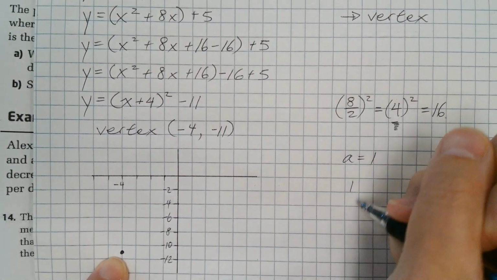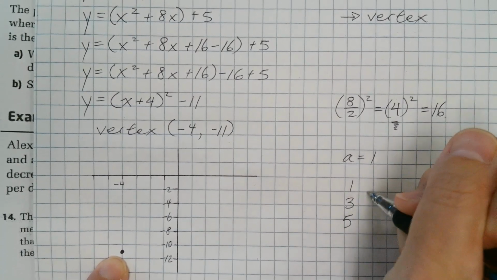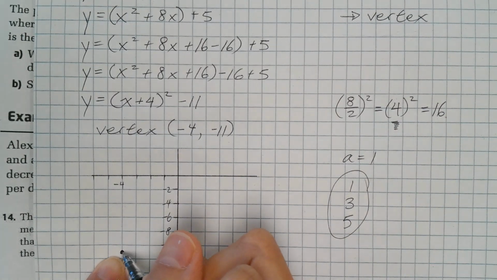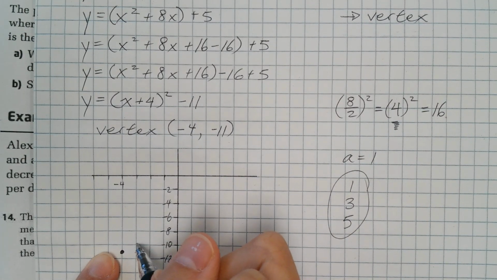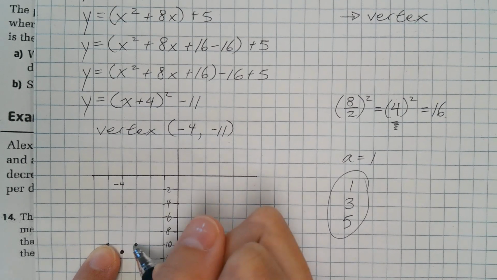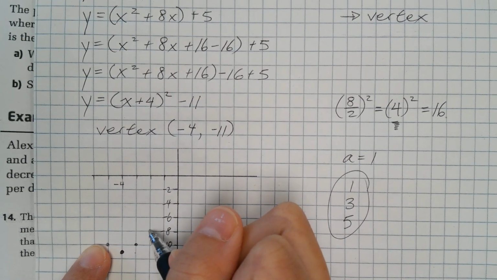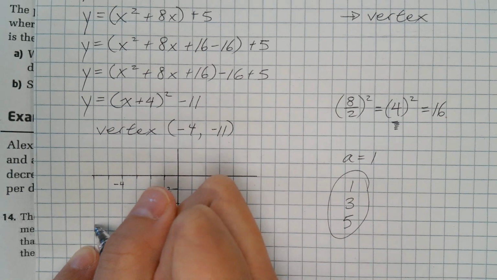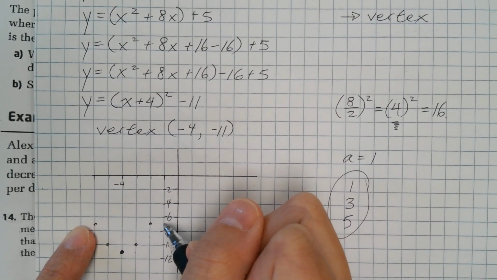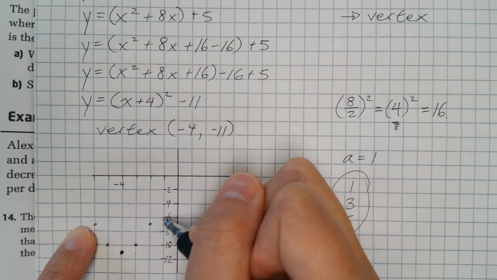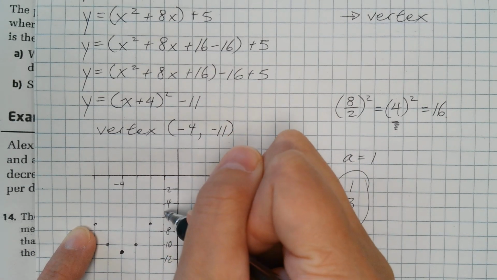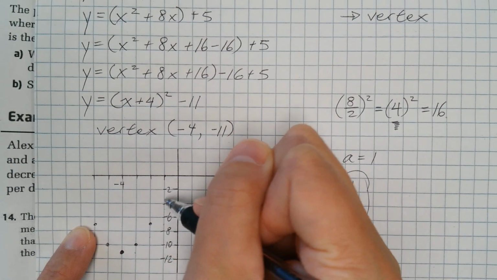So if I do the step method, it's just 1, 3, and 5. So over 1, up 1. Over 1, up 3. 1, 2, 3. And then over 1, up 5. 1, 2, 3, 4, 5.